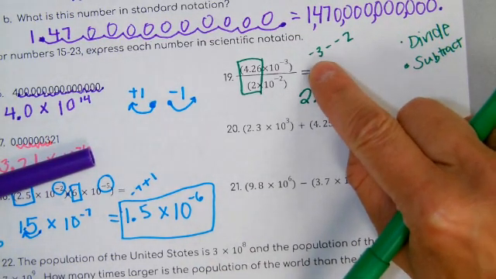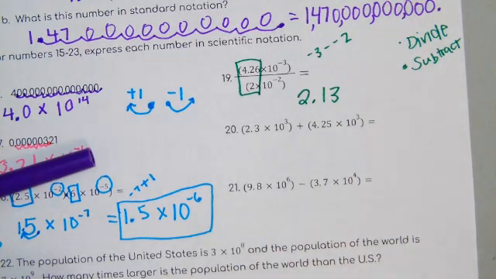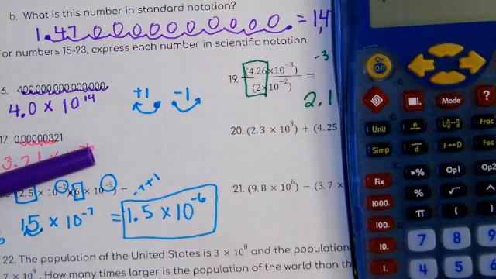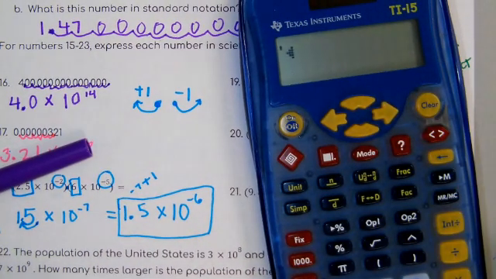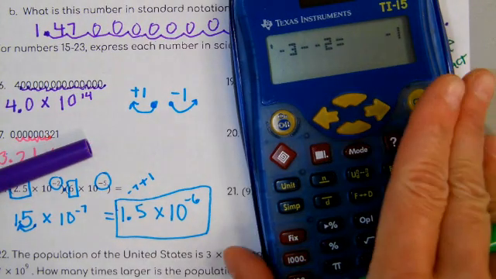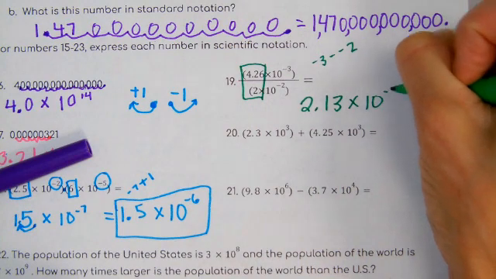So we really have -3 plus 2, which a positive and a negative means subtract. So you really end up subtracting in the end. But if you do have a calculator, you could type that in. -3 minus -2 equals -1. So we put times 10 to the -1.